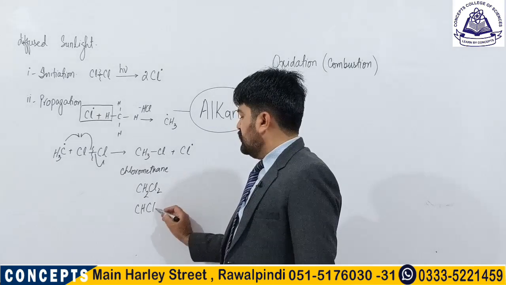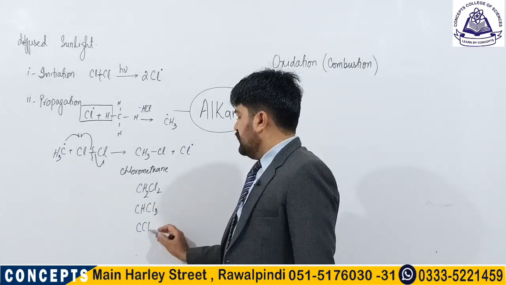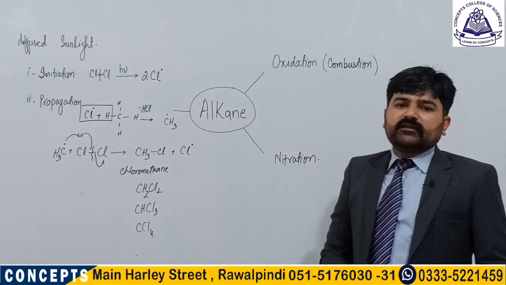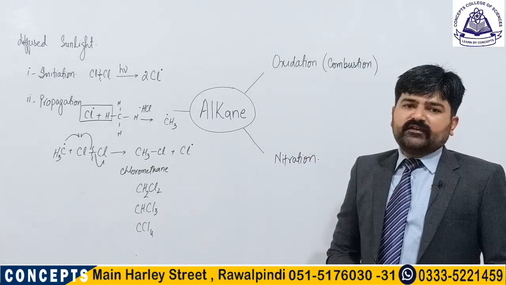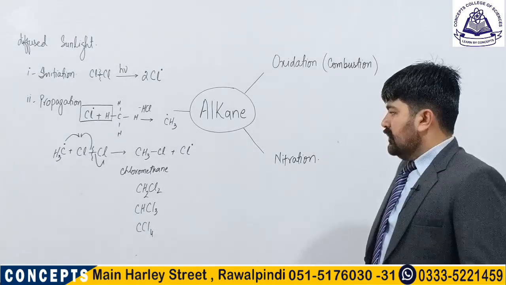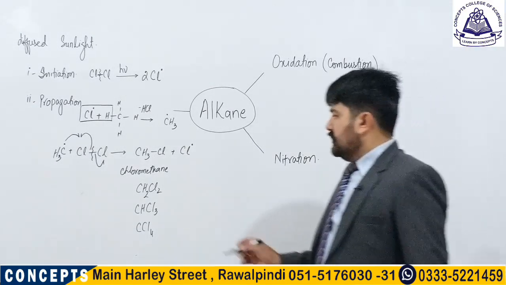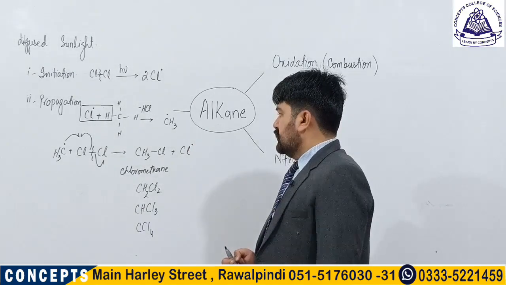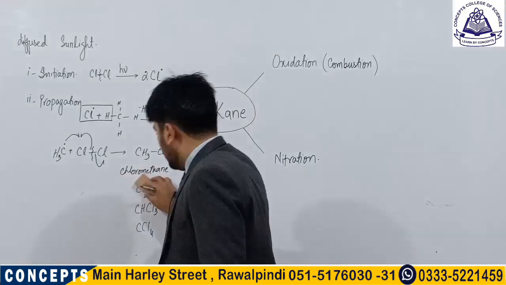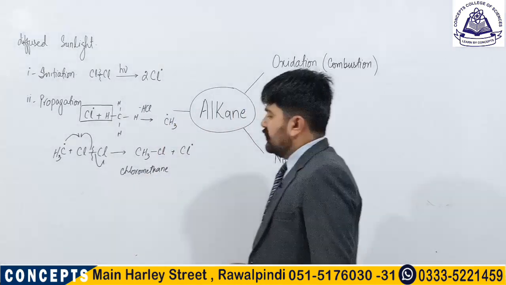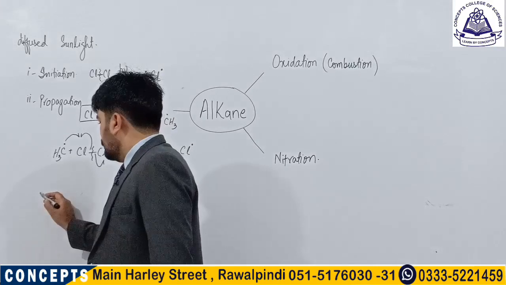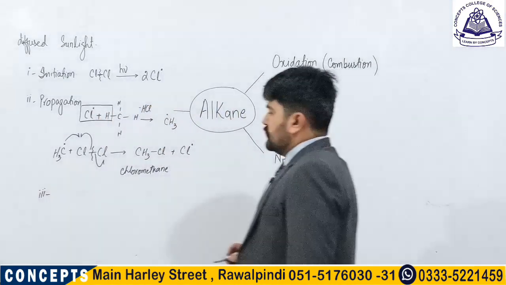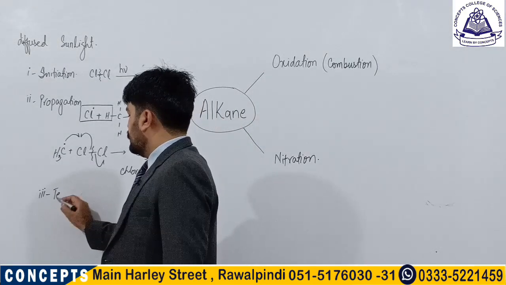Similarly, trichloromethane, and finally, after all the replacements, we get tetrachloromethane as the final product. In propagation, there are different chances for production of these compounds, but at the end, when all the free radicals consume themselves in the process, we start with the process called termination.